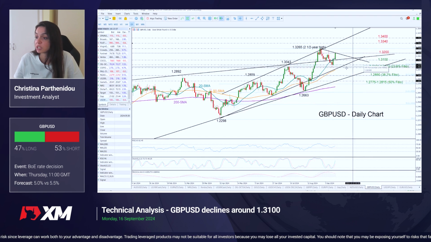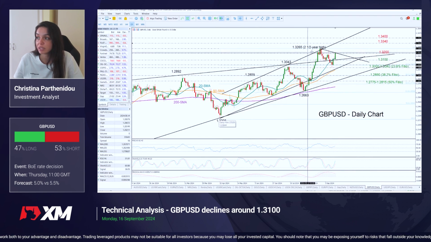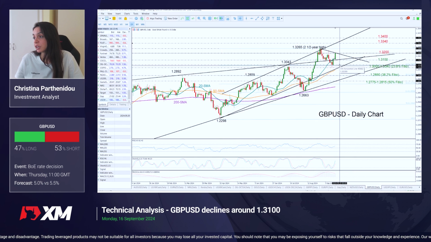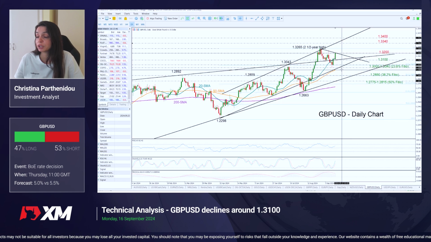The 23.6% Fibonacci retracement of this up leg is located here, as well as the 50-day moving average. So failure to pivot here might extend the sell-off, probably towards the 38.2% Fibonacci of 1.2890.